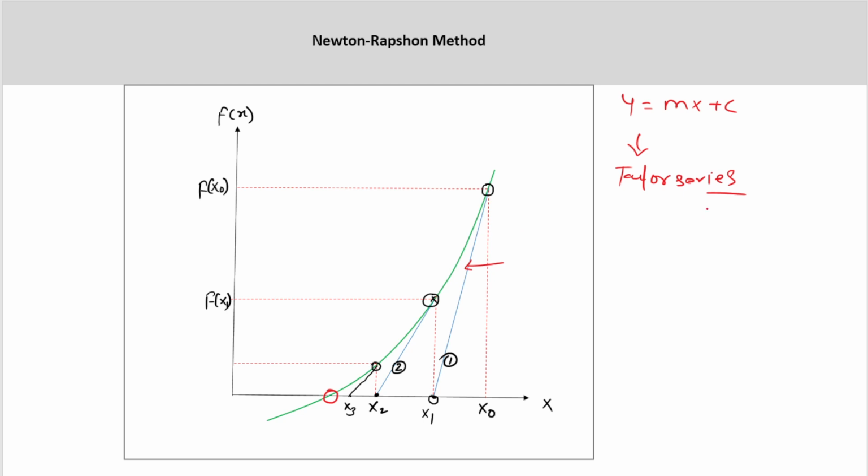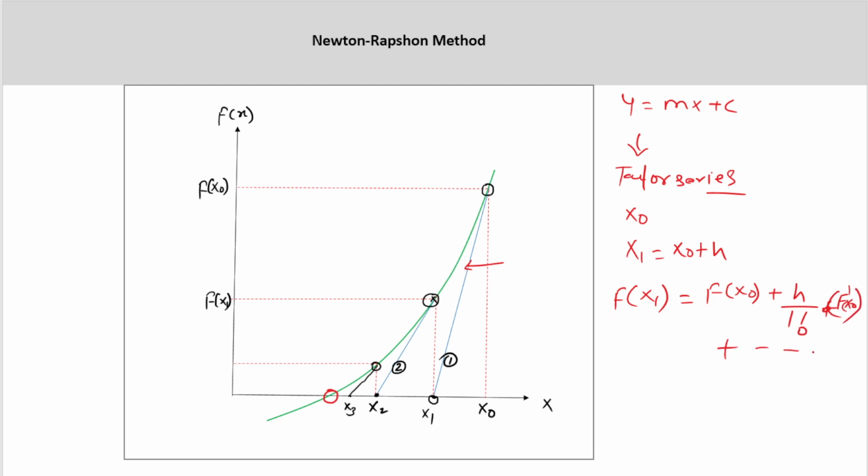So if I use the Taylor series, let's say the initial guess is x0 and x1 is equal to x0 plus h. So if I need to calculate f of x1, then it will be f of x0 plus h upon factorial 1 into f dash x0, plus higher order terms.